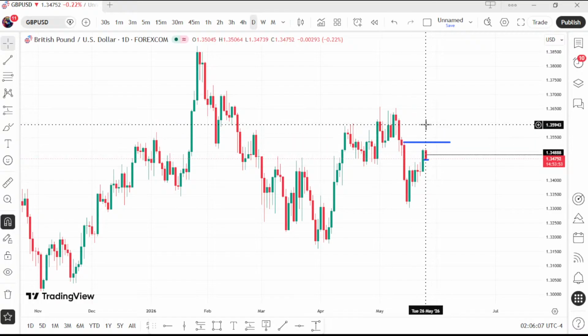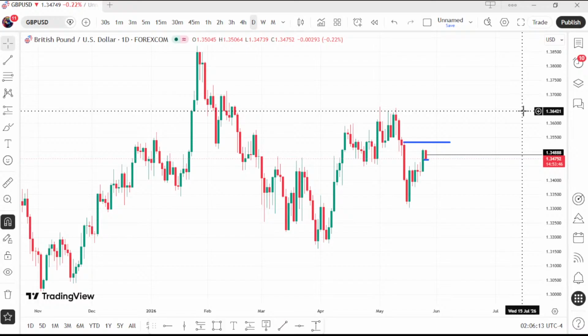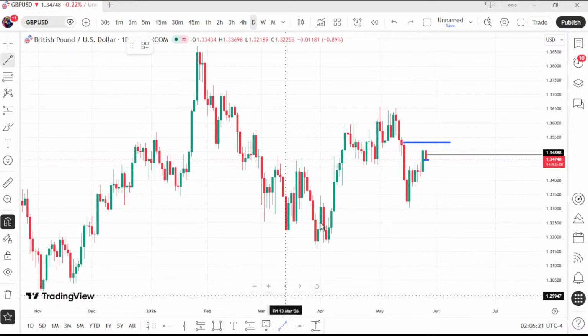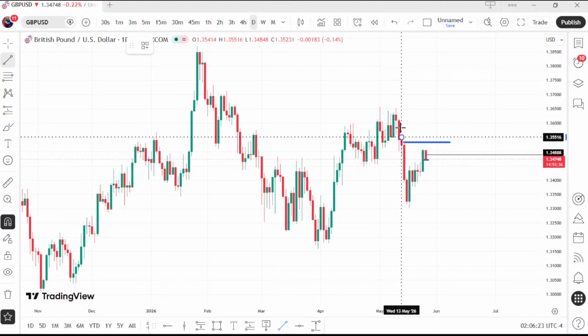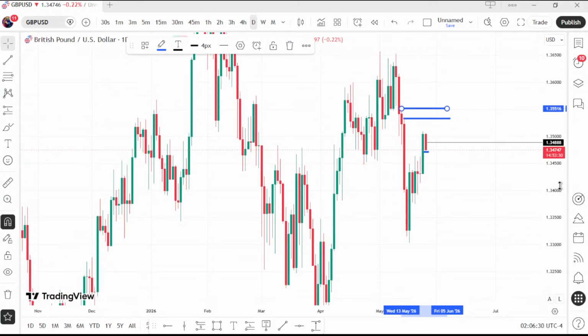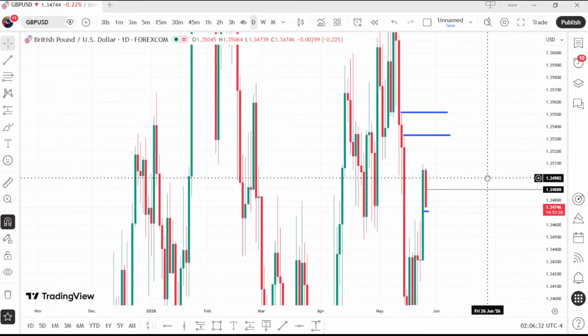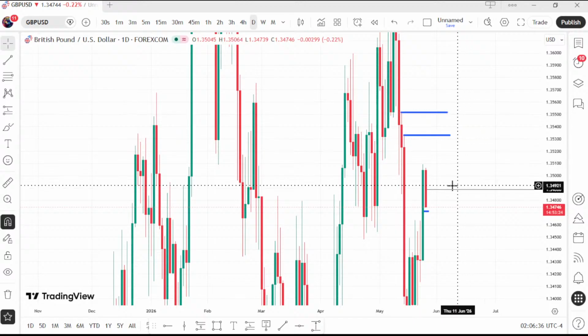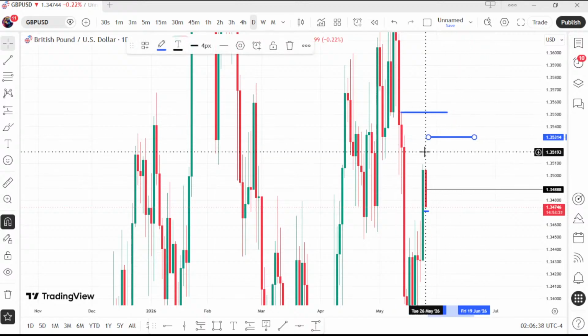We have these swing highs, those are our buy side liquidity that you want to work with, and that other buy side liquidity. On top of that buy side liquidity that I've marked, you see it's a fair value gap. Let me zoom in. You see that fair value gap here? I want to see price coming there today or tomorrow.